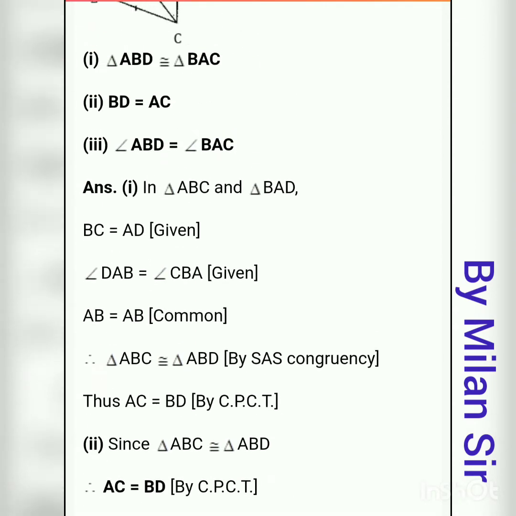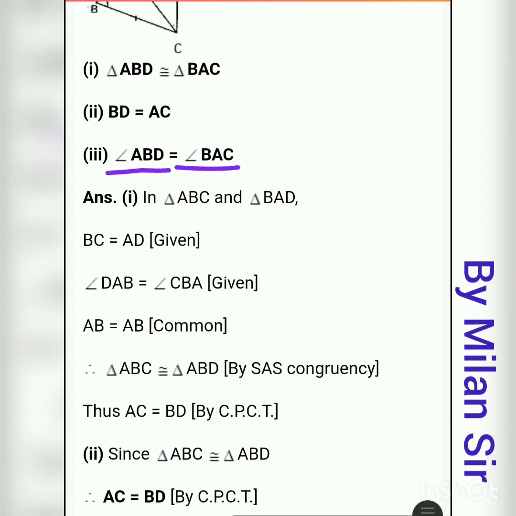Same thing for the third equation, angle ABD is equal to angle BAC. Now look at this congruency criteria. We need to prove this angle, right? So it is similar with this congruency sign. Here we want ABD equal to BAC, so we need to prove angle B is equal to A. Here we have B equal to A at second position.